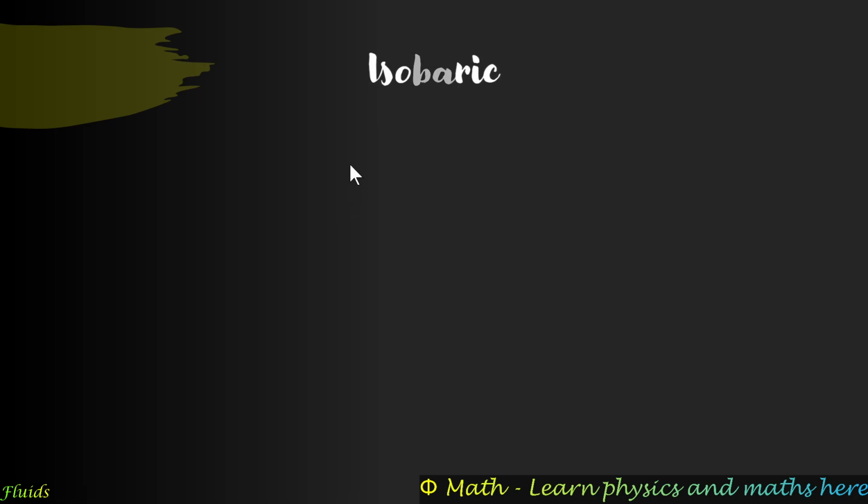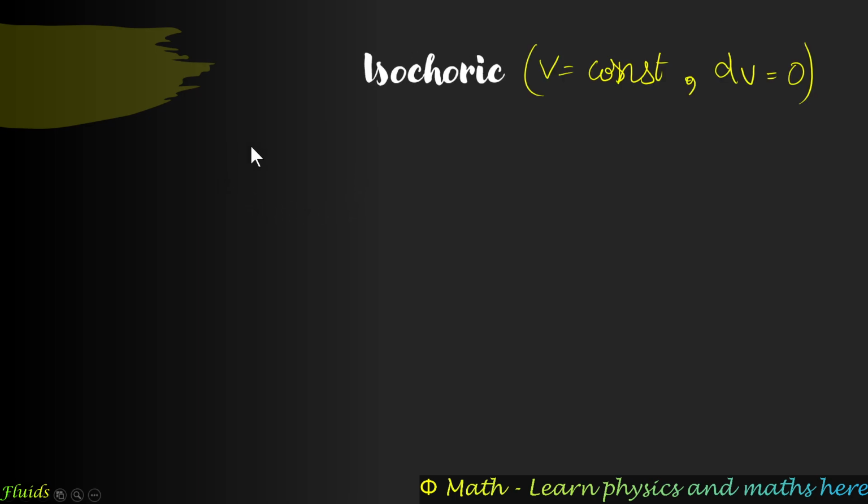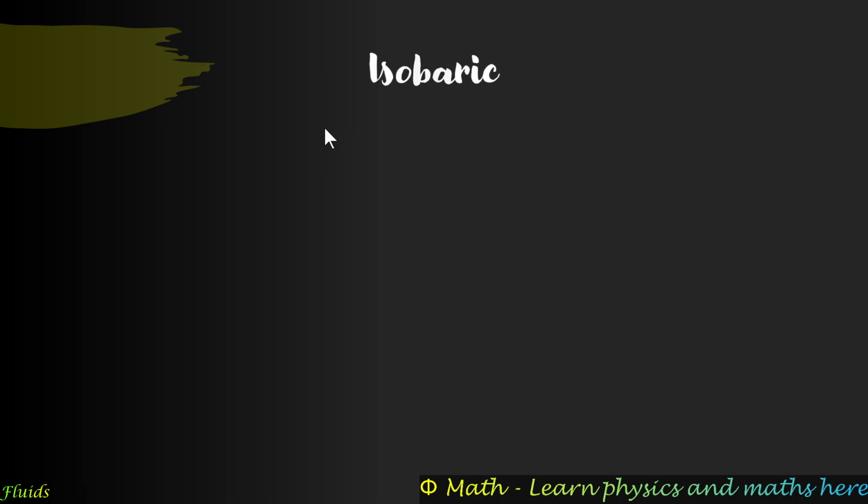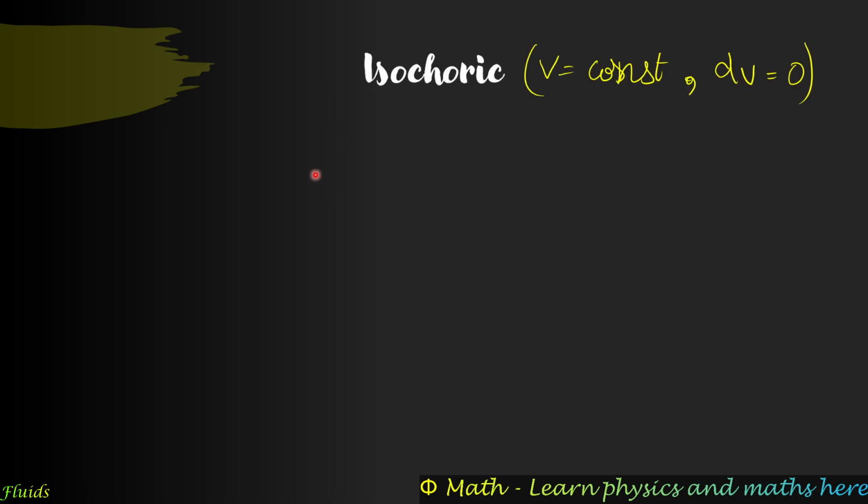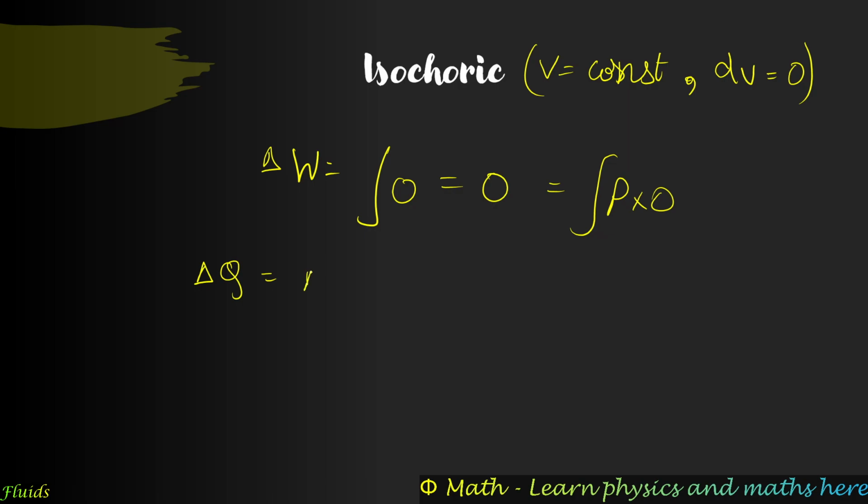So from there, integration of P times 0, and anything times 0 is equal to 0. We also know that delta Q is equal to delta U plus delta W, which is 0.